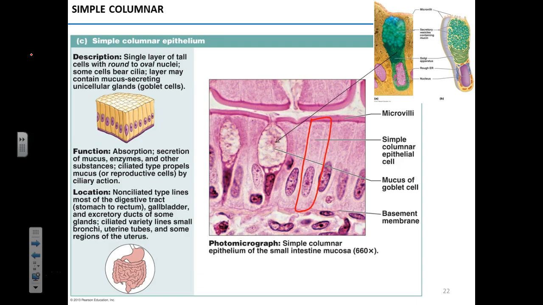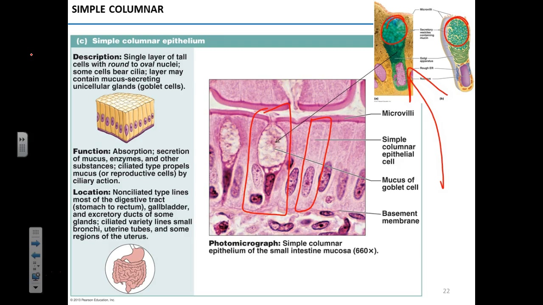Also, simple columnar epithelium bears so-called goblet cells. Okay? These goblet cells contain vesicles. You see these vesicles here. These vesicles carry mucus, consisting mostly of the protein called mucin. Okay?